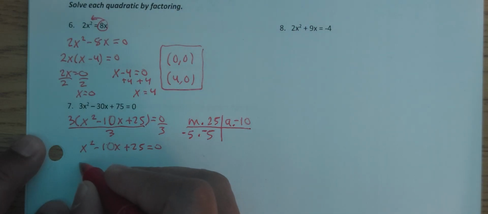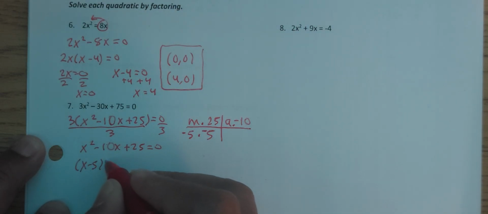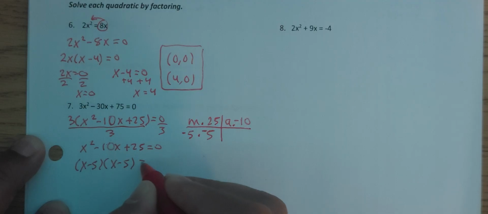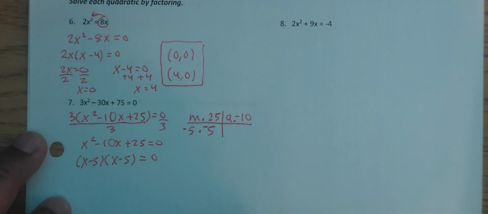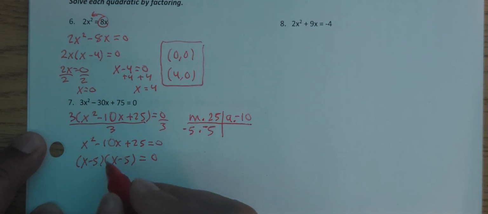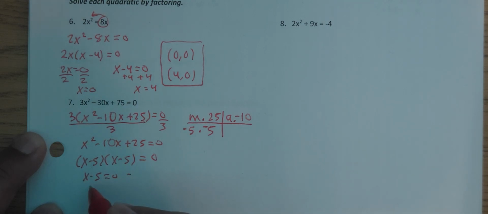Okay. So then this factors as x minus 5 times x minus 5 equals 0. What we can say is we take one of them, set it equal to 0, and solve for it. When we solve for it, we add the 5, so x is equal to 5. But notice we have two of them, so don't forget what that means.